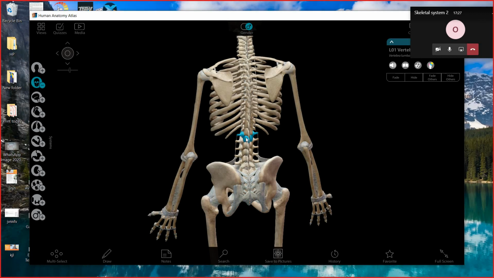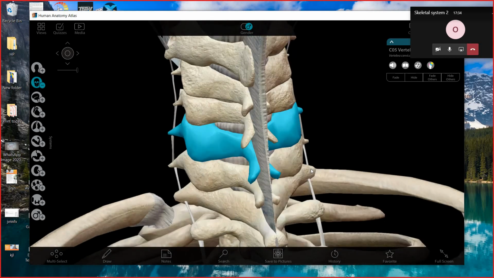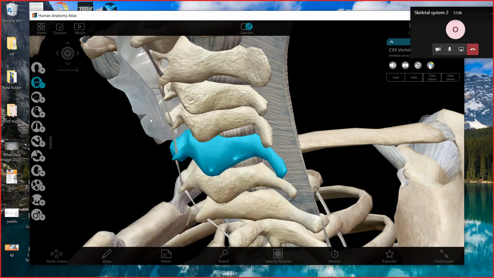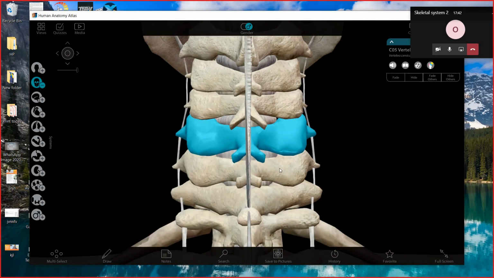But if you can see here that there is a slight difference between them. So if you look here to this vertebra, and then if you look here to this vertebra, which is in the neck region, this is the neck, you can see that there is a slight difference between them in shape, and also the spaces between them are different.